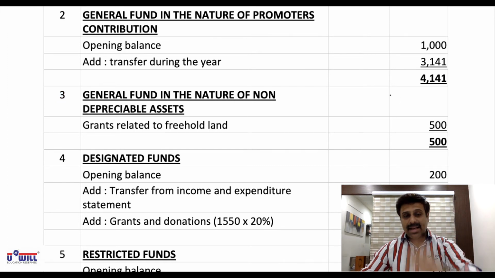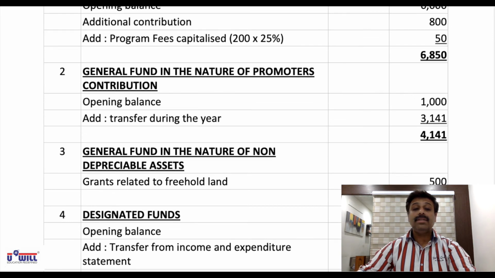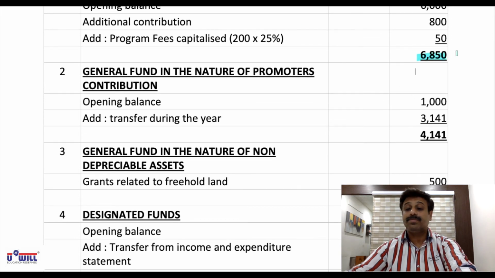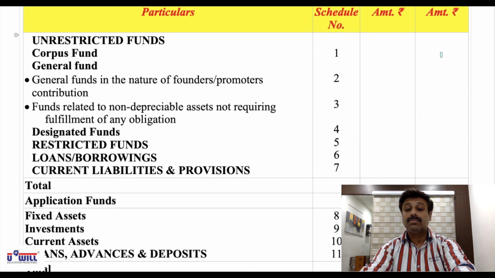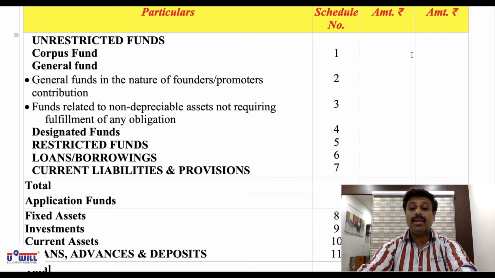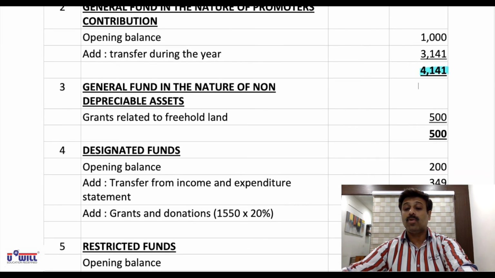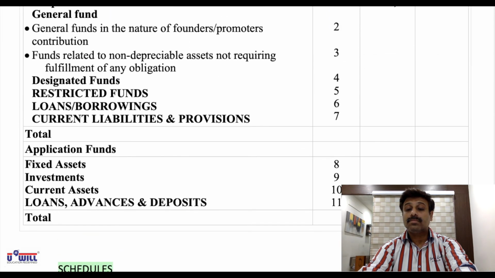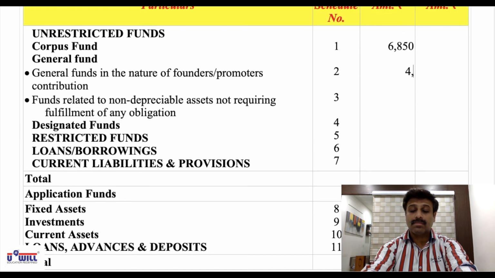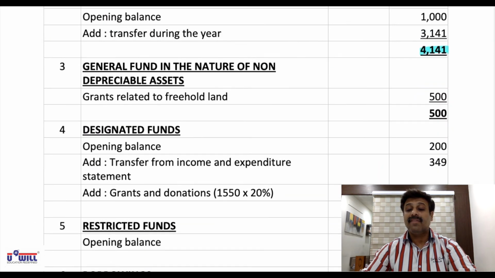Now we put the items in balance sheet. So corpus fund is 6850. We can write it in inner column. Call it unrestricted funds. Corpus fund 6850. General fund in the nature of promoters contribution 4141. Then general fund related to non-depreciable assets 500.